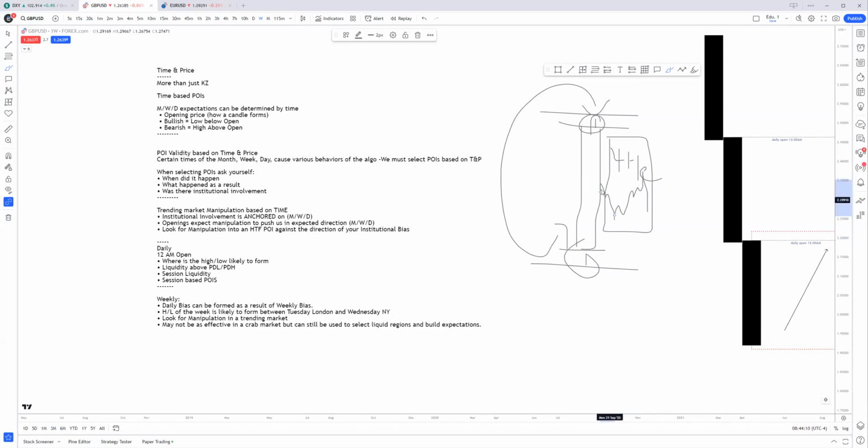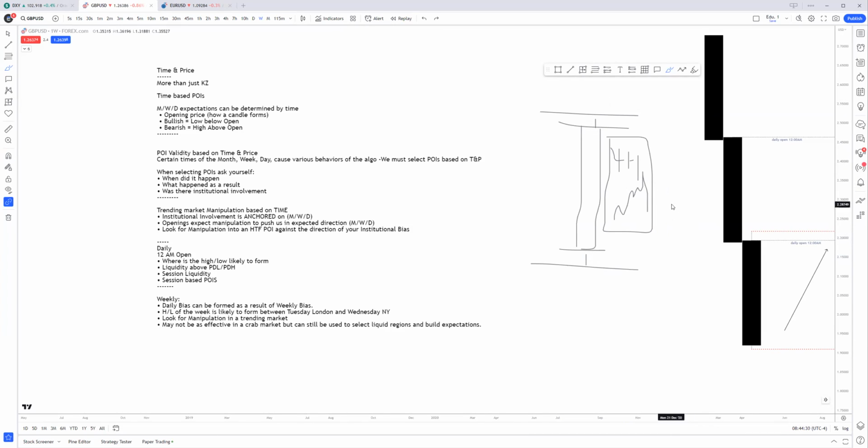So we look at areas of liquidity, we look at supply and demand, FVGs. What is the most likely development of price or journey or pathway that we're going to take? And following ISPs generally is what we do.